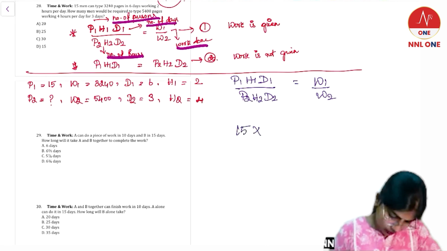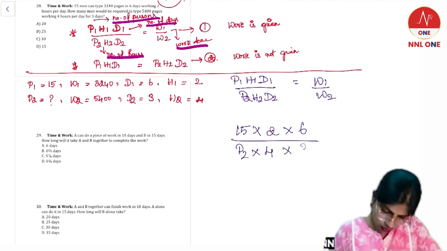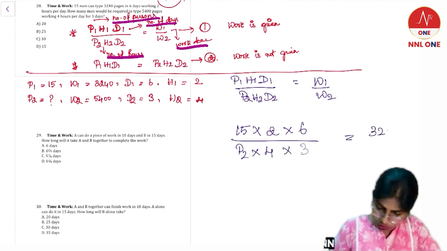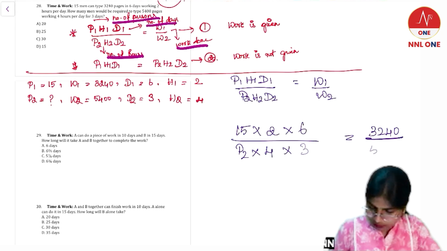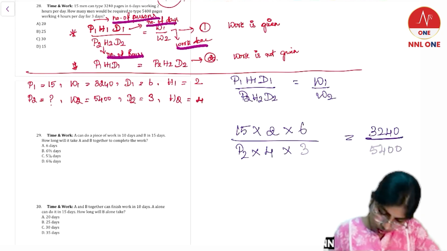What is H1? 2. What is D1? 6. What is P2? Our target is to find P2. What is H2? It is 4. What is D2? It is 3. What is W1? It is 3240 by 5400.